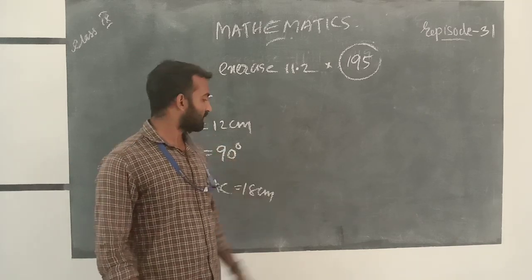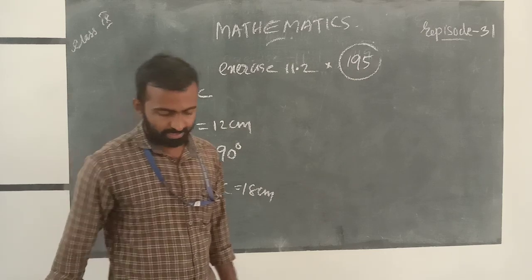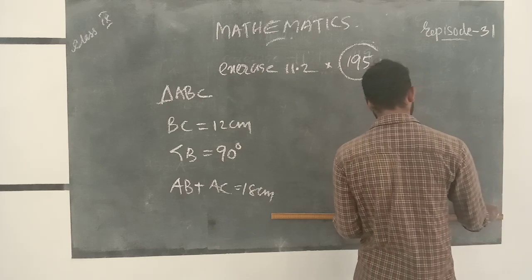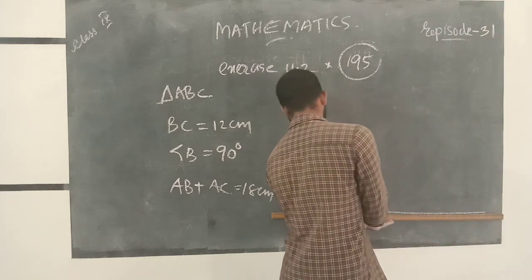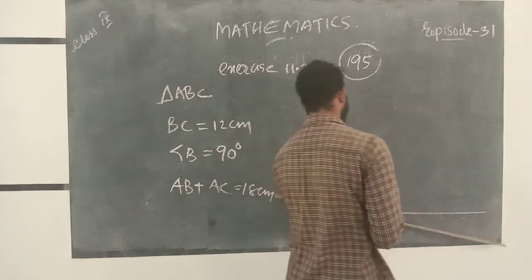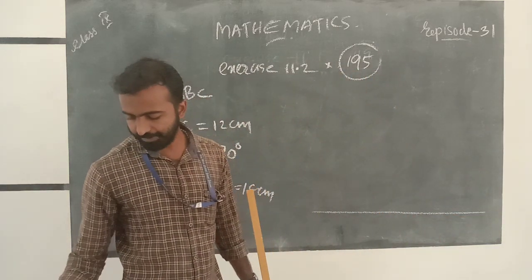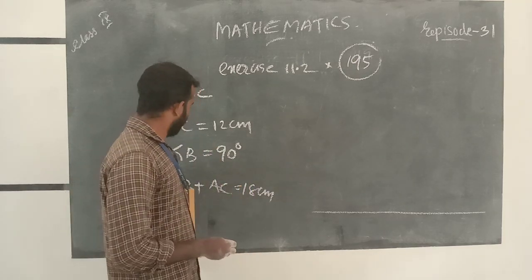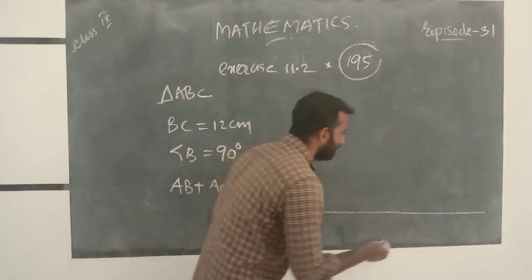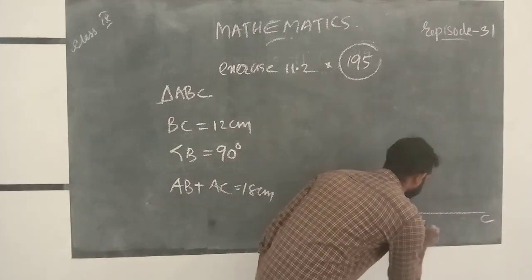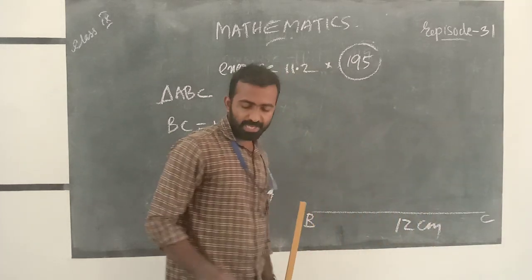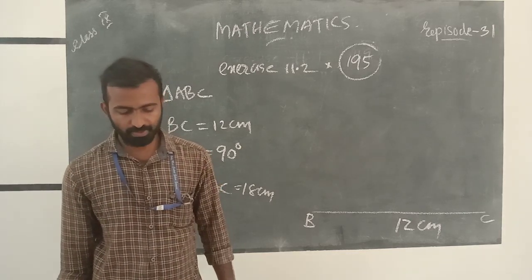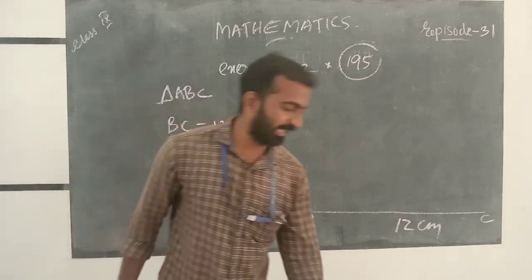That is, first we draw the base 12 centimeter. And we name BC, and next, second, we make the angle XBC equal to 90 degree.